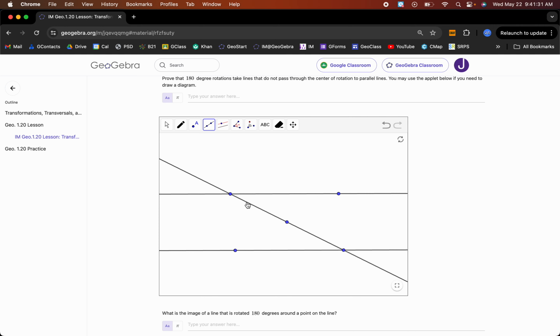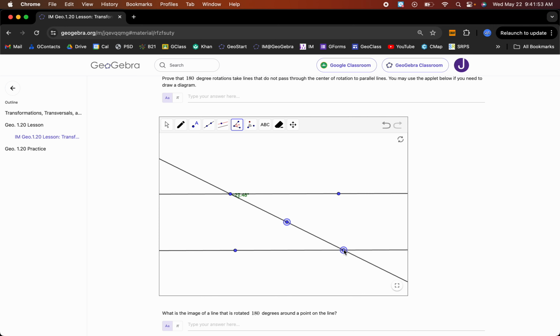Okay, so let's check it out. I should be able to measure some of these angles. So let's measure this angle right here. And we'll measure this angle right here because that should be the same, because they're alternate interior angles. I'm using the right-hand rule here.